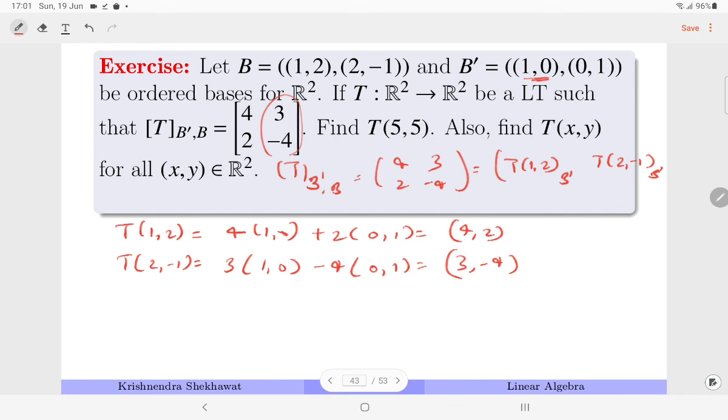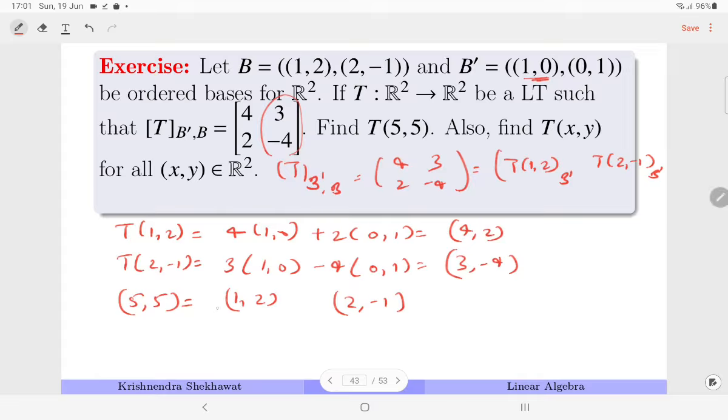Now I need (5, 5). So first I have to write, because I have T of (1, 2) and T of (2, minus 1), I must write (5, 5) as a linear combination of (1, 2) and (2, minus 1), and then I must apply T on both sides.